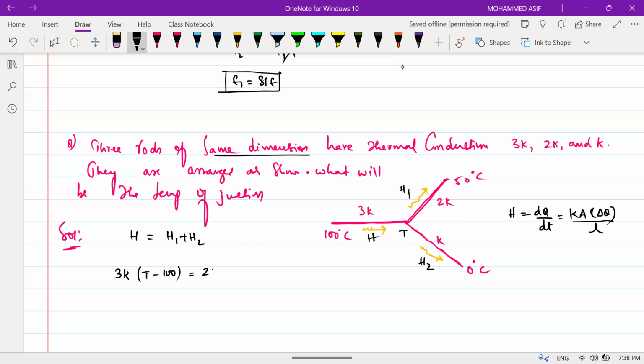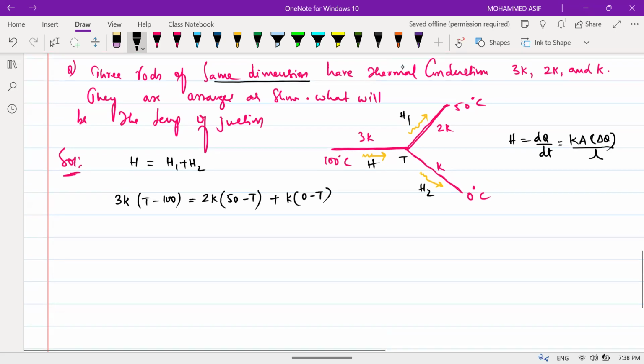That equals 2K into 50 minus T plus K into 0 minus T. Area and length are same, so I am cancelling them on either side, and K also gets cancelled. So this is 3T minus 300 equals 100 minus 2T plus T.